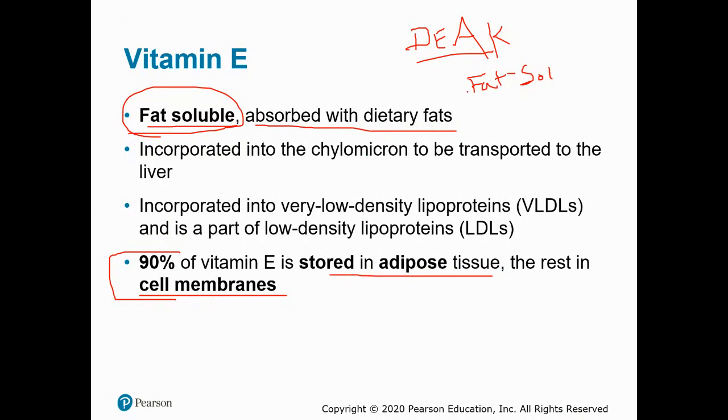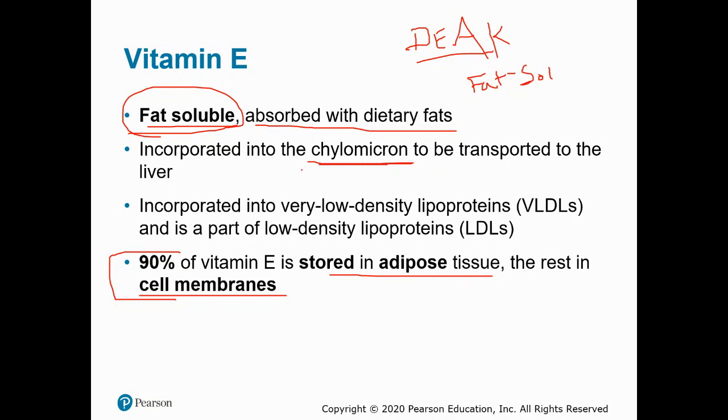So then that also means, because it's fat soluble, that it has to travel by way of a fat-friendly molecule in the blood. You might remember the chylomicron, when we talked about how different lipid components get packaged in the enterocyte of the small intestine to then be transported, first through the lymph and then through the blood, to be delivered to various cells of the body.